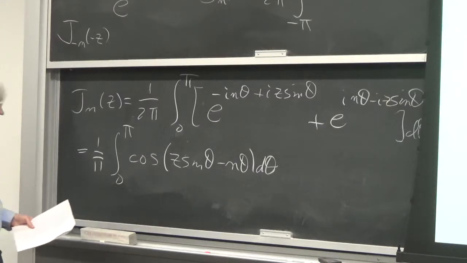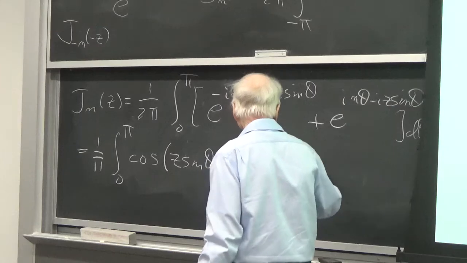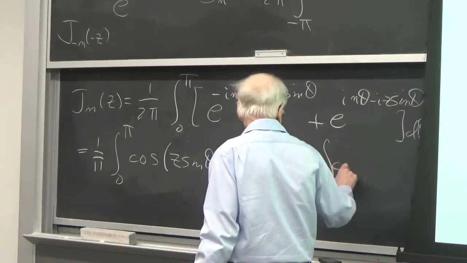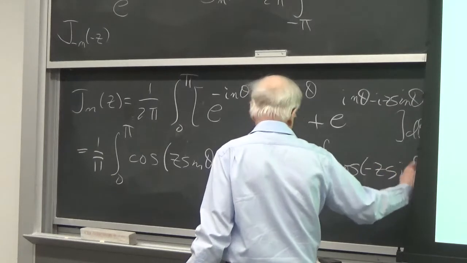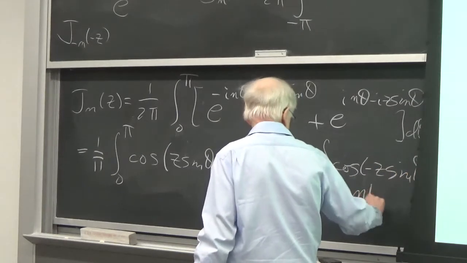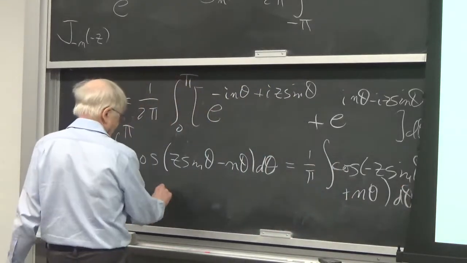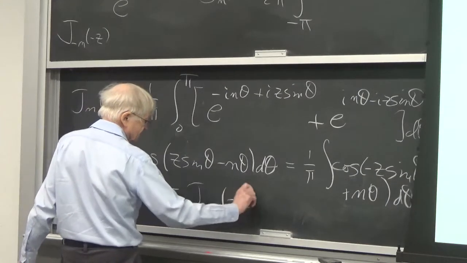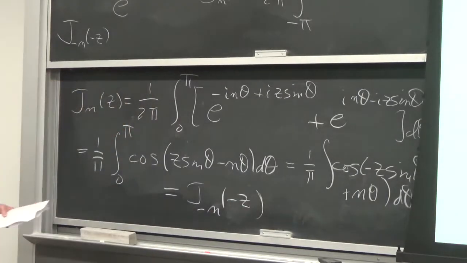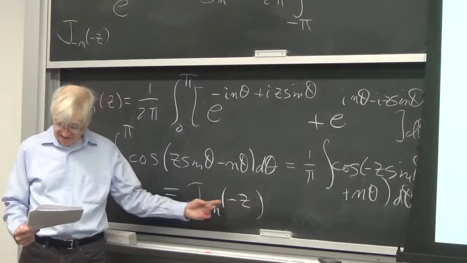But the cosine is even, and so this is equal to 1 over pi, integral of cosine of minus z sine theta plus n theta, d theta. But this is J minus n of minus z. So you have that identity: J_n of z is J of minus n of minus z.